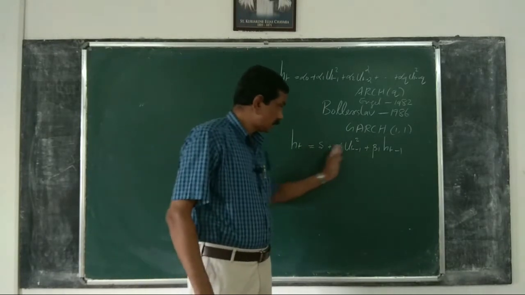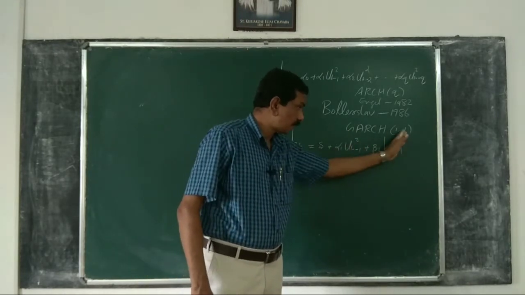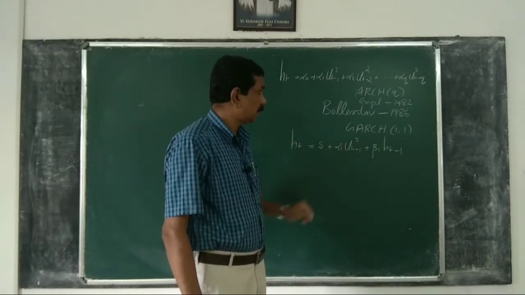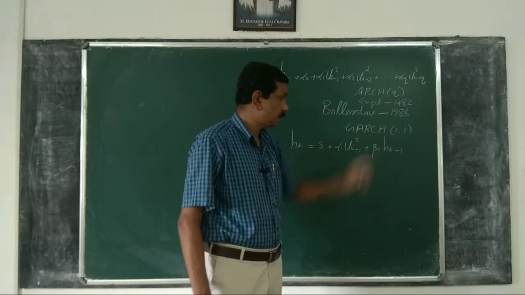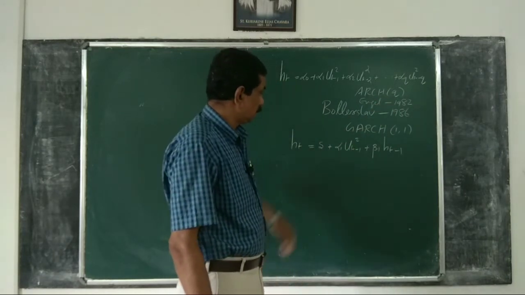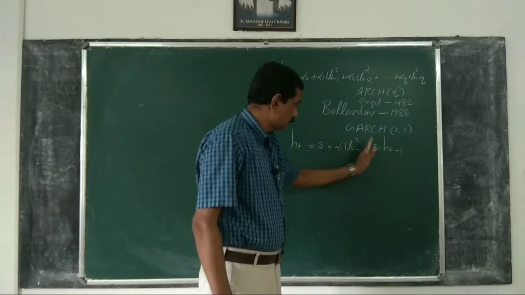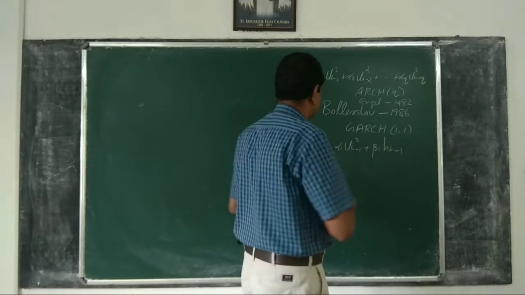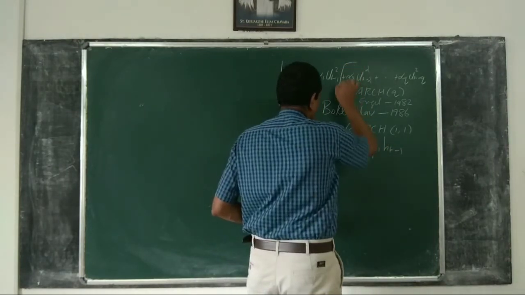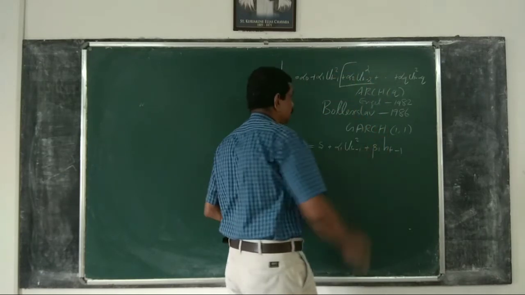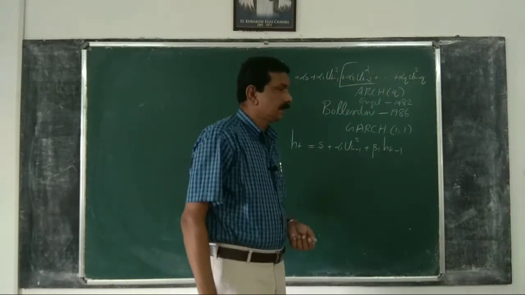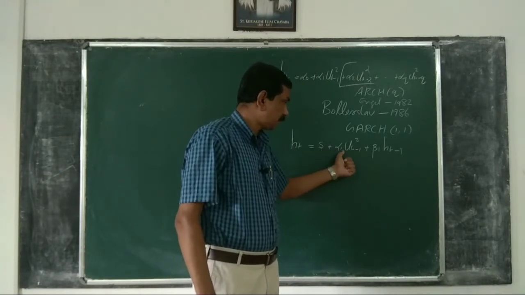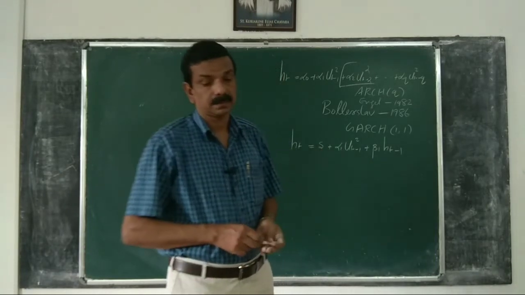It is the GARCH(1,1) model and it is a generalization of ARCH(q). Now, actually, this beta 1 h_{t-1} term captures all the terms other than u_{t-1}. So we have to estimate only three parameters, delta, alpha 1 and beta 1.